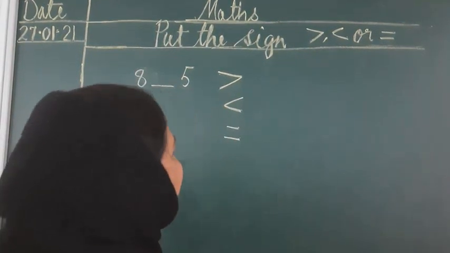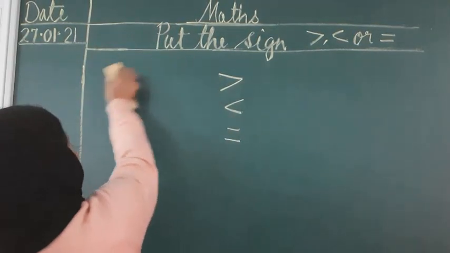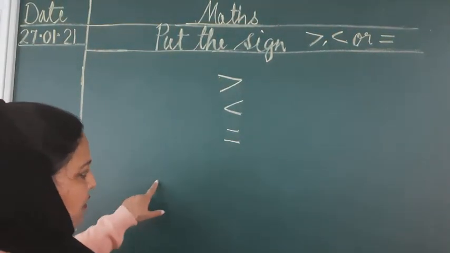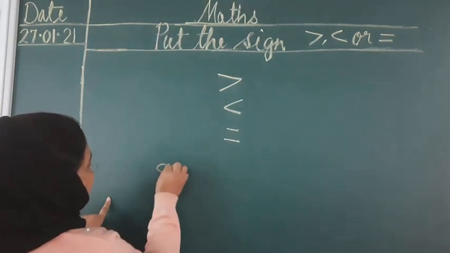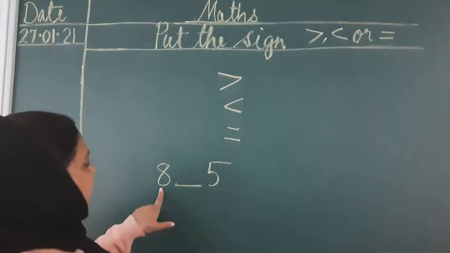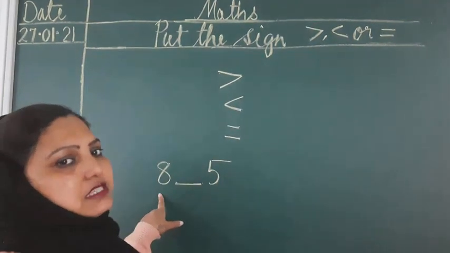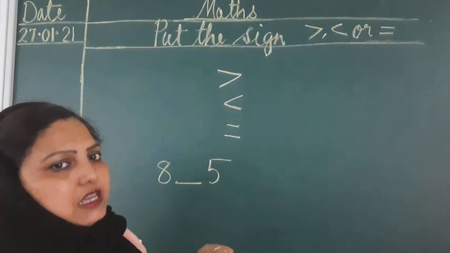Today, for example for greater than, I will take a picture. I have taken number 8, a dash, and 5. For number 8, any picture, any thing, you can do in your rough copy.